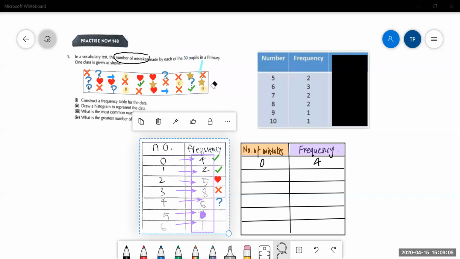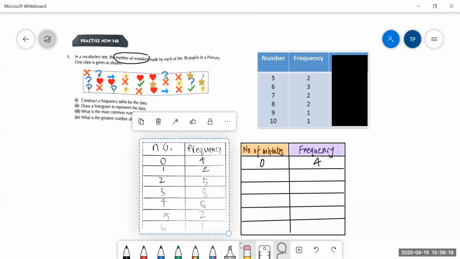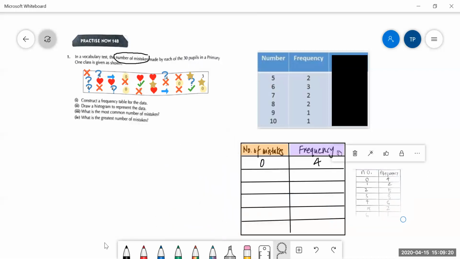Next, draw a histogram. So what is a histogram? A histogram is basically what you saw just now, like when you flip your textbook.